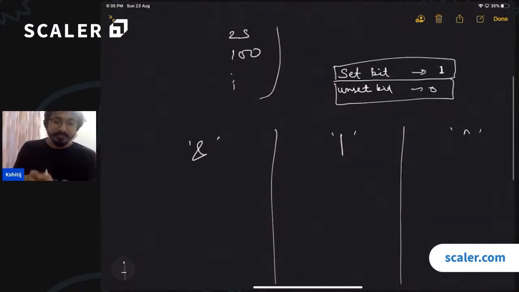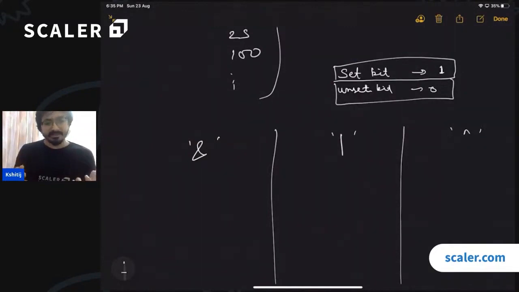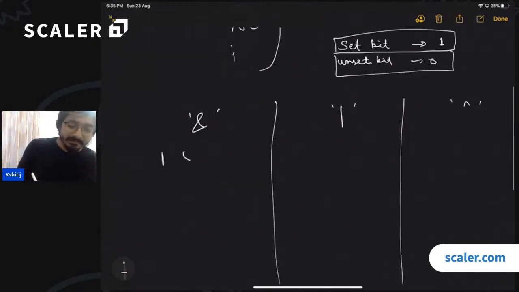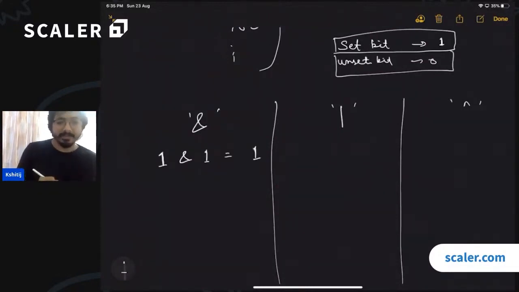So how does the bitwise AND function? The bitwise AND returns a set bit only if both the operands are set. So if you have 1 and 1, this is the only case when bitwise AND returns a set bit. For all the other possible operands, you get an unset bit.